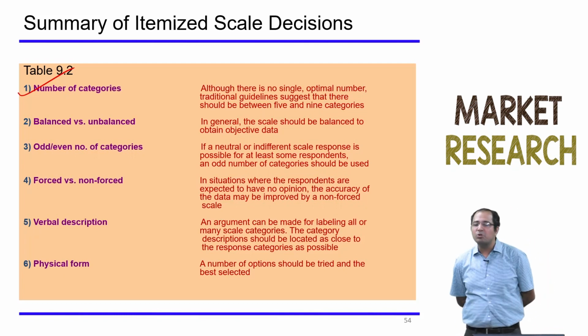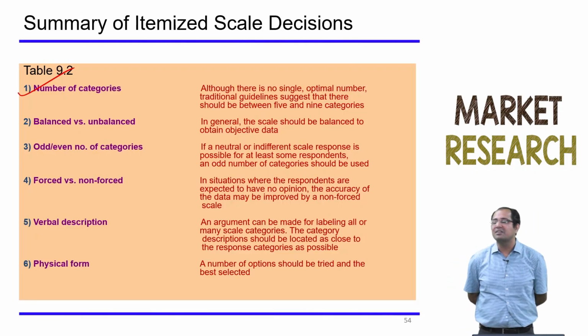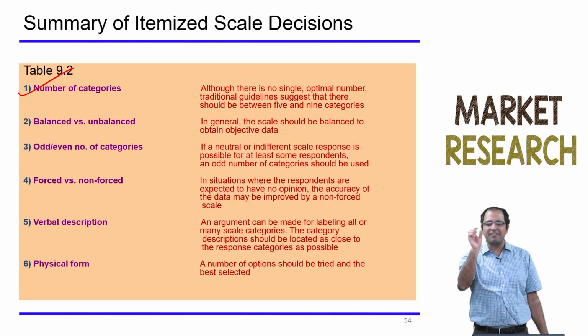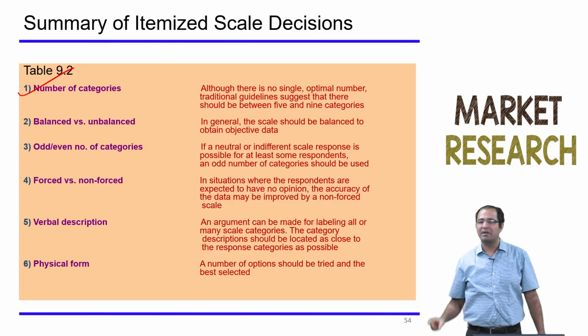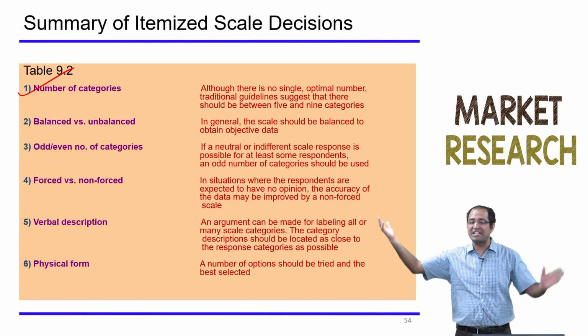If we do not know any reason or criteria, then the safe choice is to use a 5-point scale. If your audience, your customers, are knowledgeable and they can identify minute differences in the characteristic that you want to measure, then you can have more than 5, a 7-point scale.